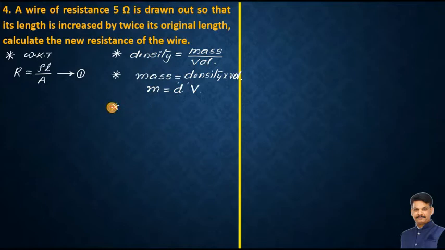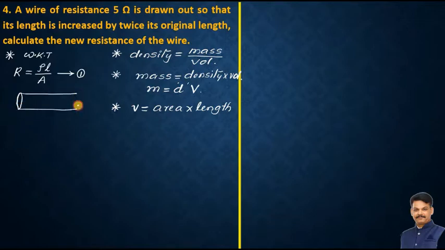See, volume is nothing but area of cross section into length. If a wire is there, if it is a cylindrical wire, just if I draw it like this, then what is the volume of this cylindrical wire? It is given by area of cross section into its height or its length.